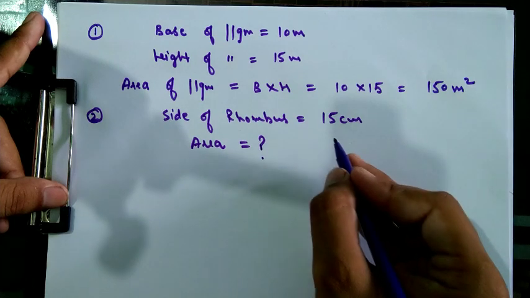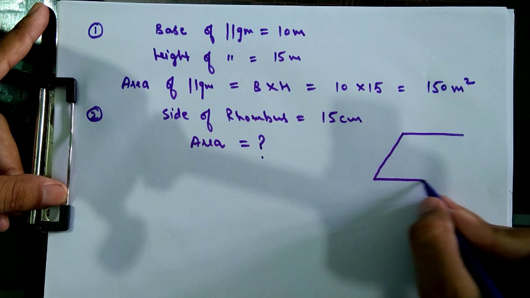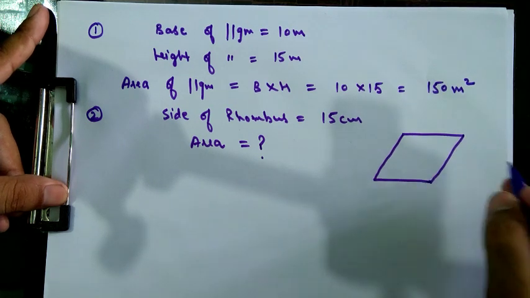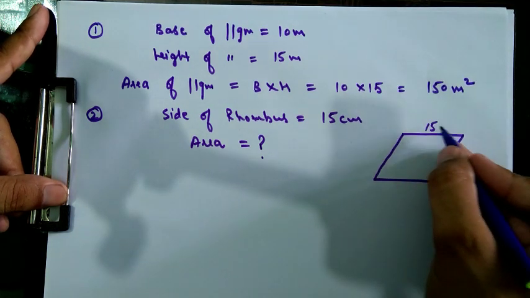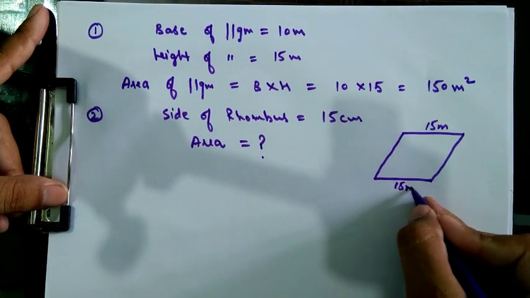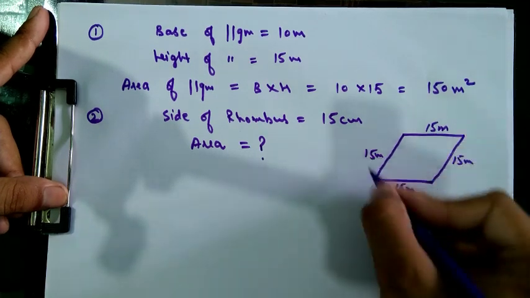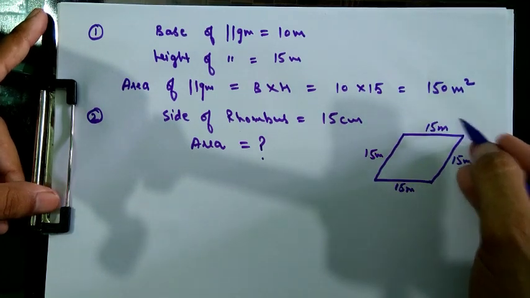But one thing more we need in this case. Suppose this type of shape is given to us. This side length is 15, and this side is also 15, as we know that all sides are equal in a rhombus. So the four sides' length is 15.